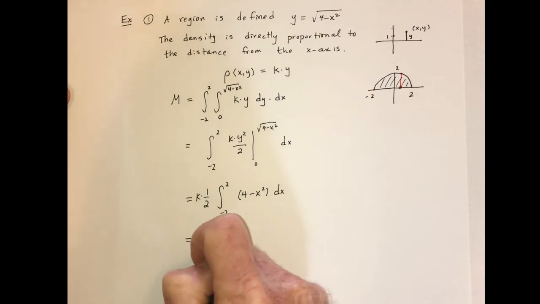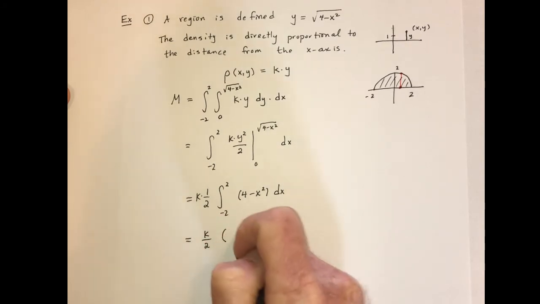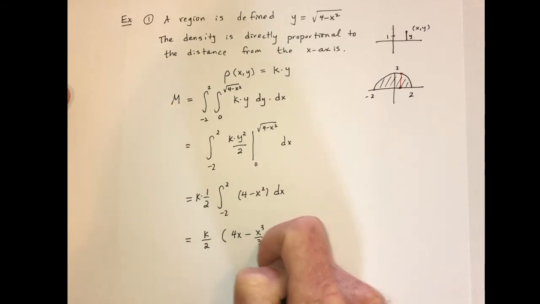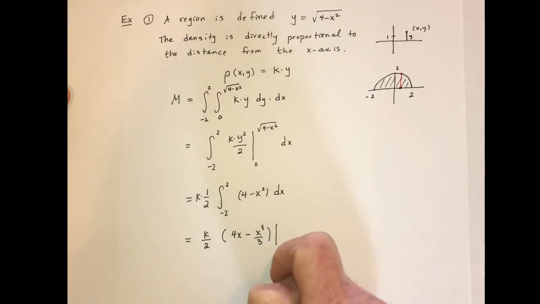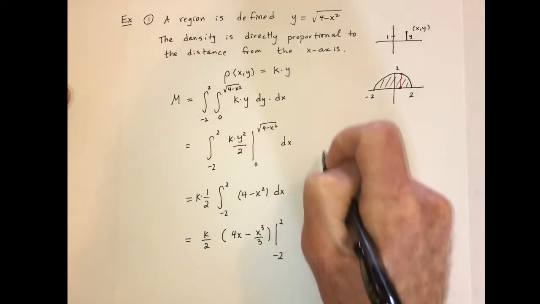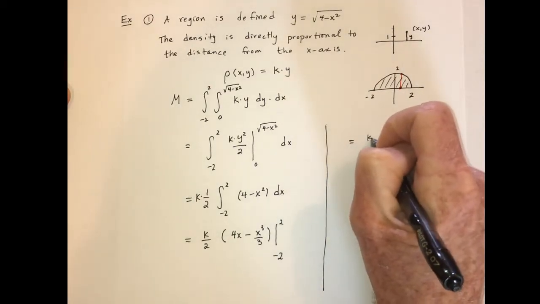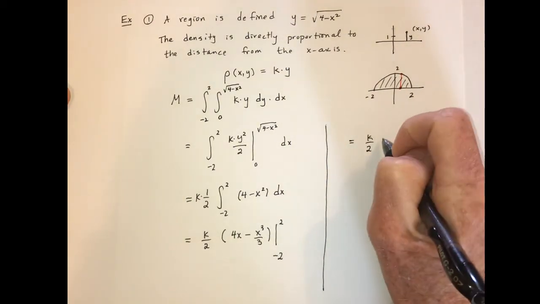So this will be k over 2. The antiderivative will be 4x minus x cubed over 3. And then that gets evaluated from -2 to 2. So k over 2.